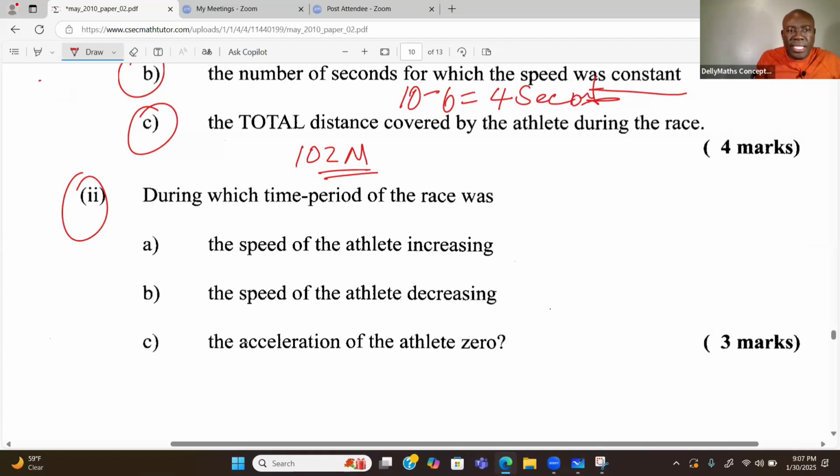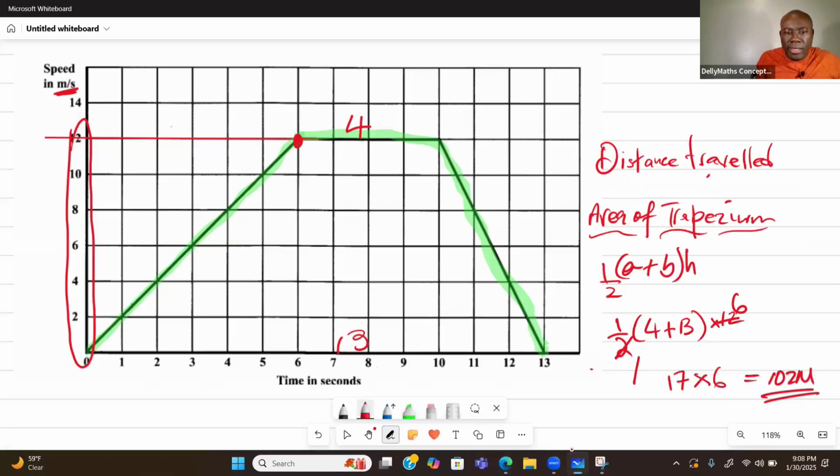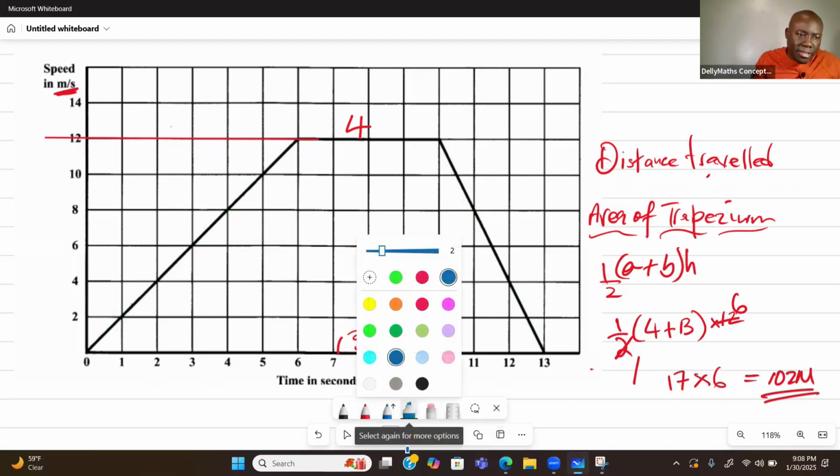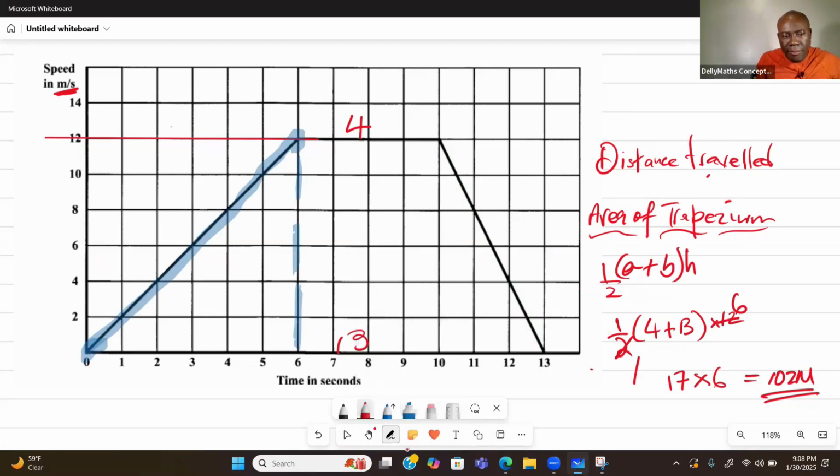In part 2, it says during which time period of the race was A, the speed of the athlete increasing? We want to know when the speed of the athlete was actually increasing. The speed was increasing from here until we reach right here, so it's between 0 and 6 seconds.